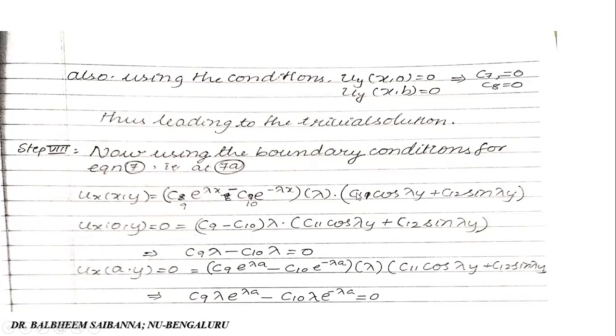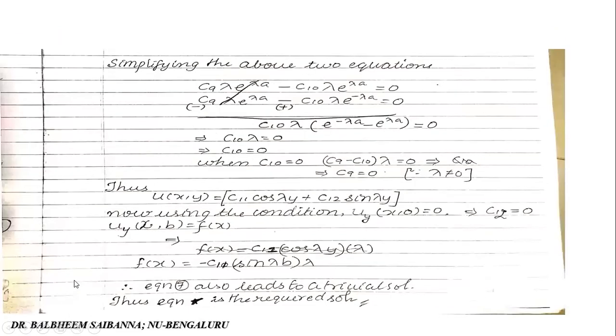Then substitute a wherever x is there. c9 e to the power of lambda a minus c10 e to the power of minus lambda a, this term as it is, is not equal to 0. Then c9 lambda e to the power of lambda a minus c10 lambda e to the power of minus lambda a must be equal to 0.